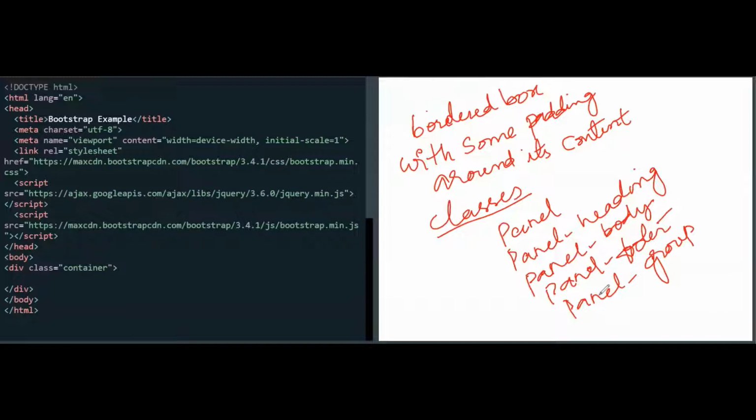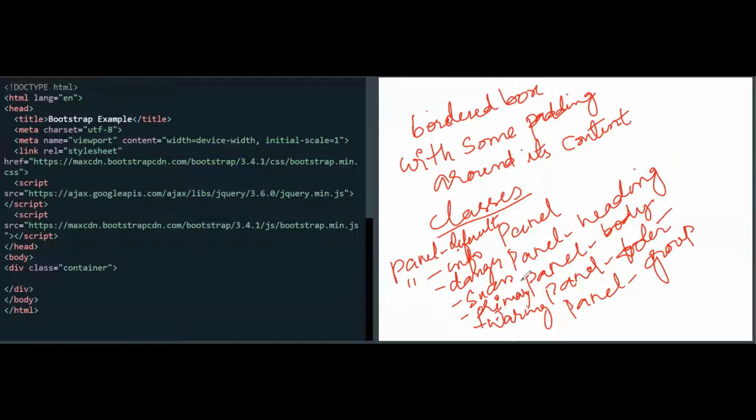The contextual classes that are available are panel-default, panel-info, panel-danger, panel-success, panel-primary, and panel-warning.